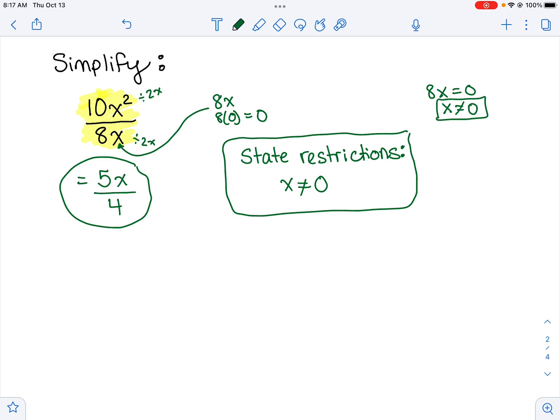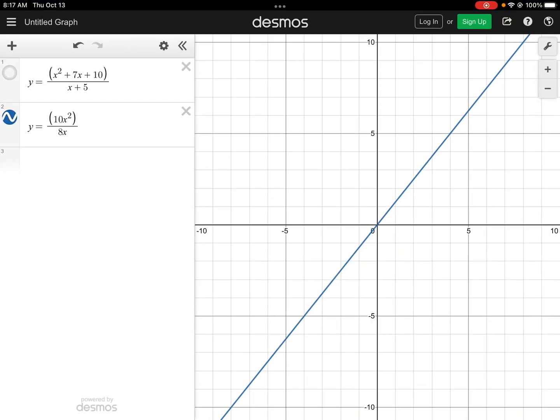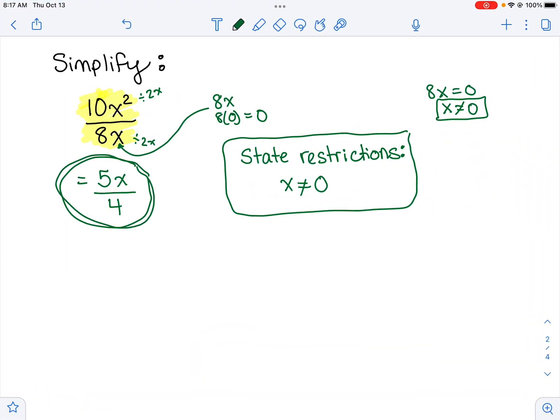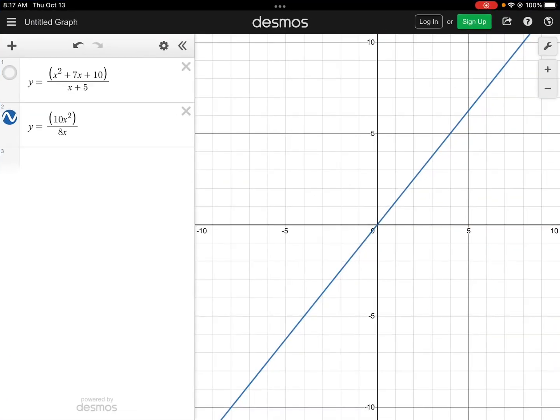And let me just give you a visual. So ignore my top equation here, but in the bottom one, if I were to graph 10x squared divided by 8x, I would end up with a straight line. I would actually end up with 5x over 4. So a slope of 5 over 4 and a y-intercept of 0. That's what I've got here. But there's something interesting.